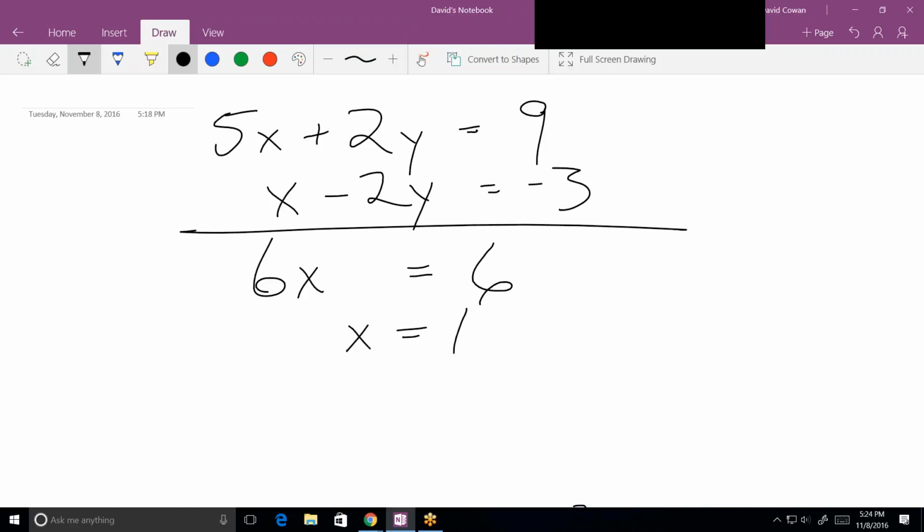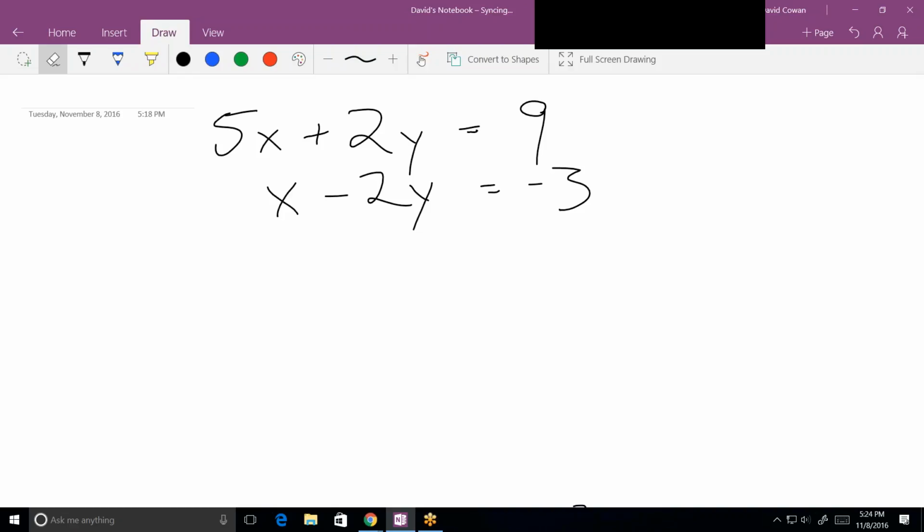Now, once you solve for x, you have to go back in and in any of the equations, substitute 1 for x, and you'll be able to solve for y. But elimination is super powerful when you're given both equations in standard format.